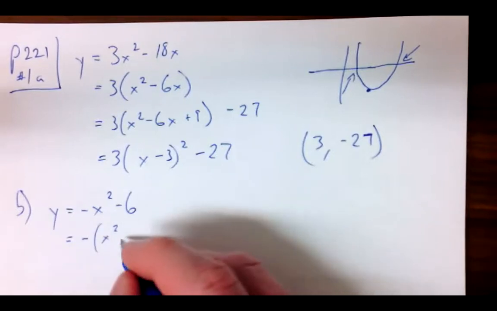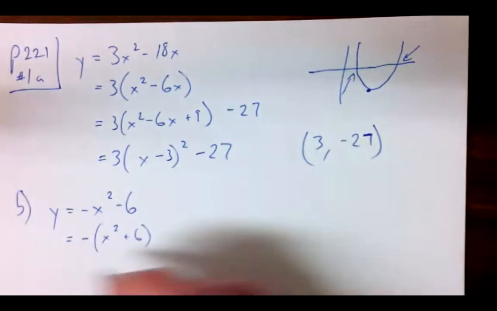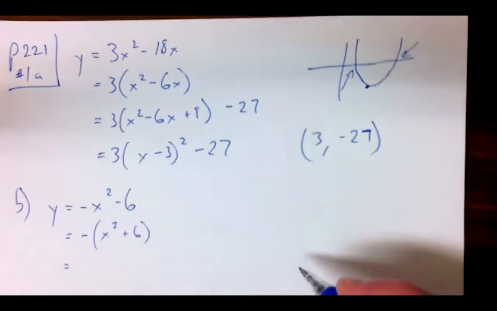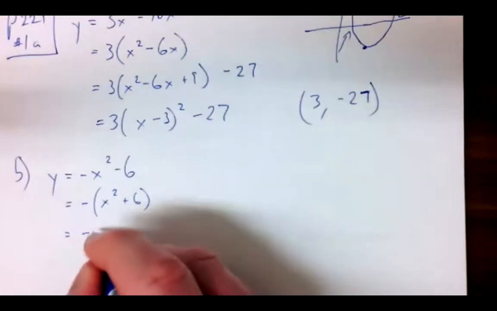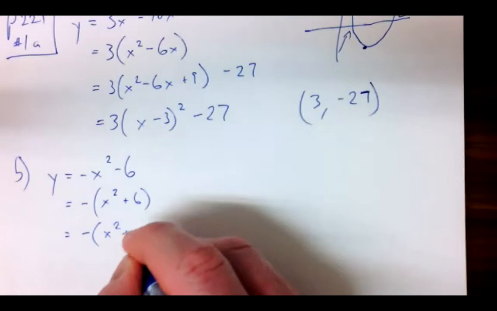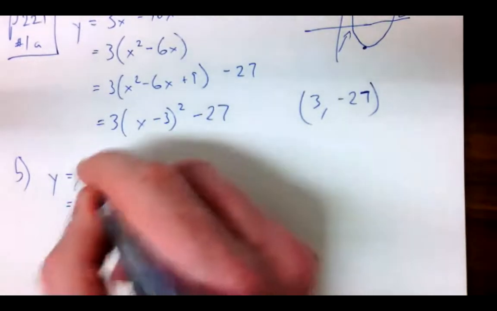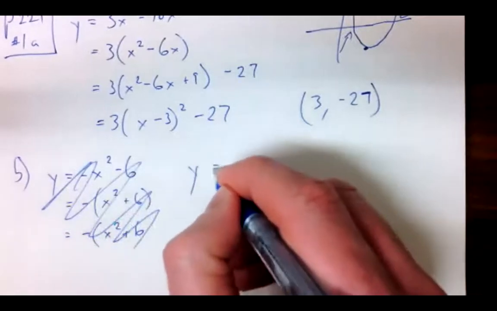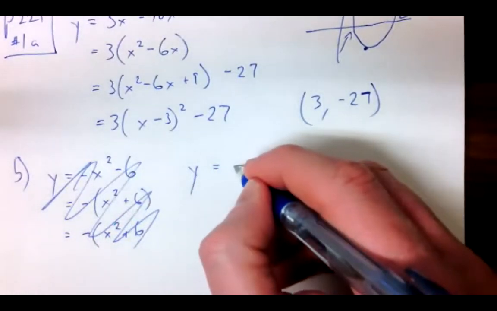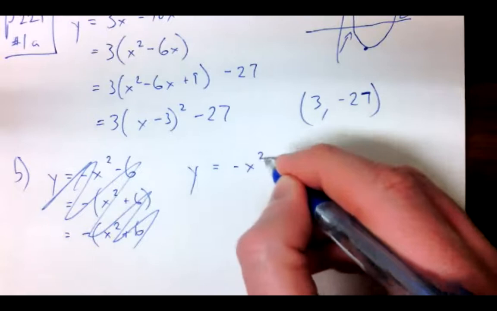So here we're going to factor this. Just going to find the vertex and figure out how many solutions it has. X squared plus, oh, is it just minus 6? This is what happens when you go too fast. Y equals negative x squared minus 6.